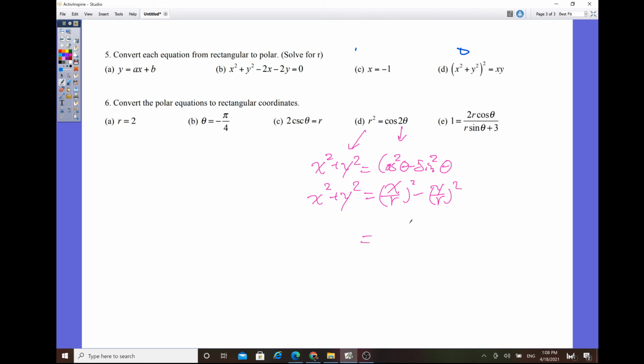So what we can do here is group them. So r squared, 1 over r squared times x squared minus y squared. And then the other side, x squared plus y squared. So in other words, r squared is x squared minus y squared over r squared, just replaced by x squared plus y squared.